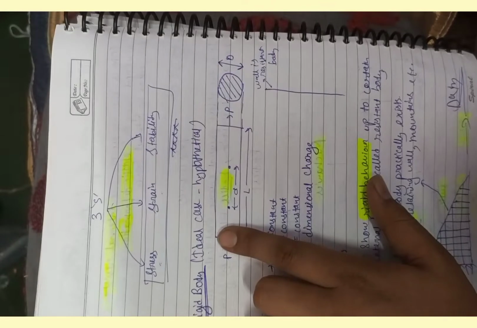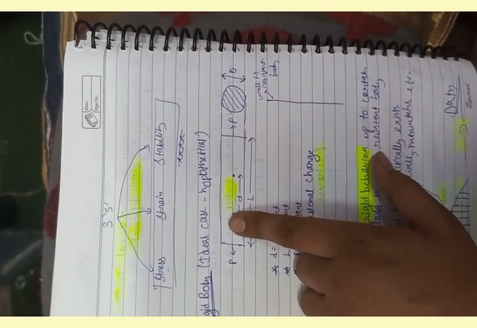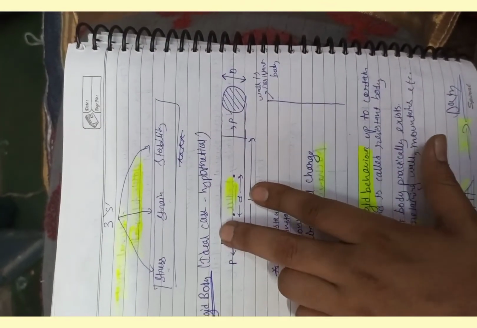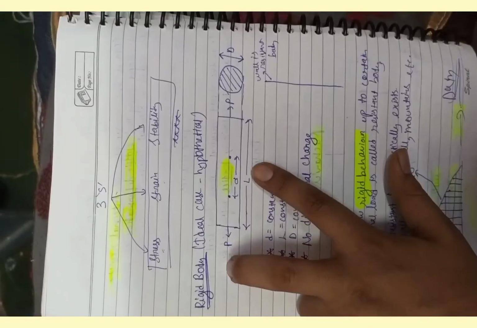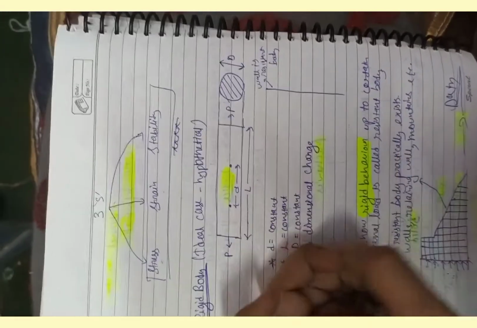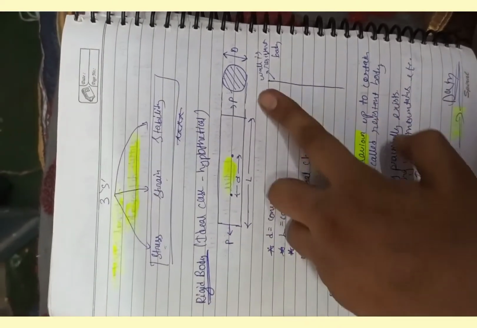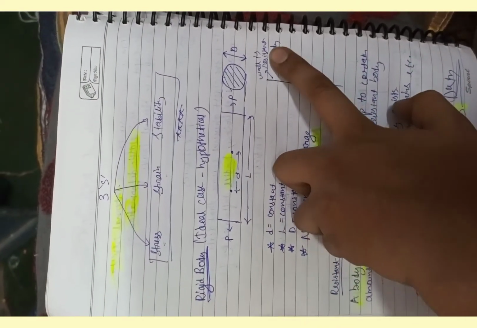A rigid body basically can't exist in real cases. If we talk about a rigid body, like a wall, a wall can also be called a rigid body.